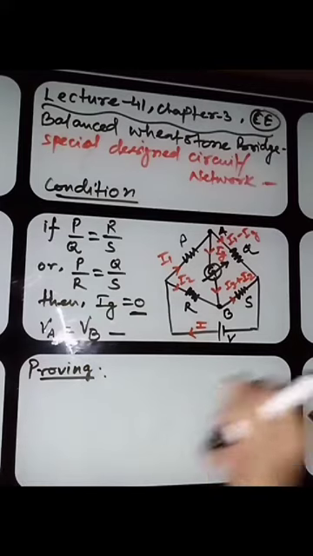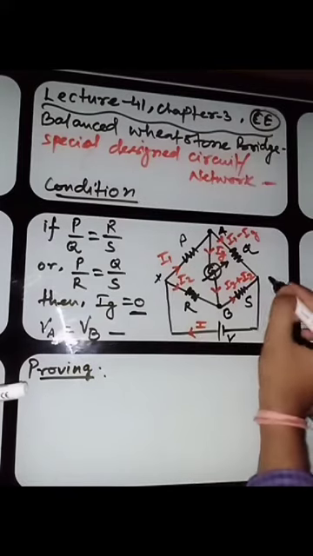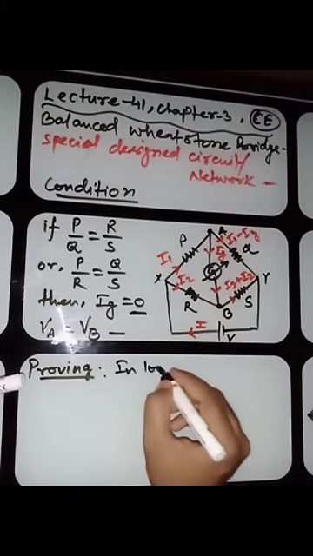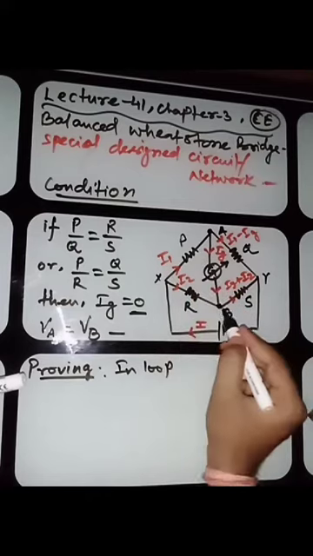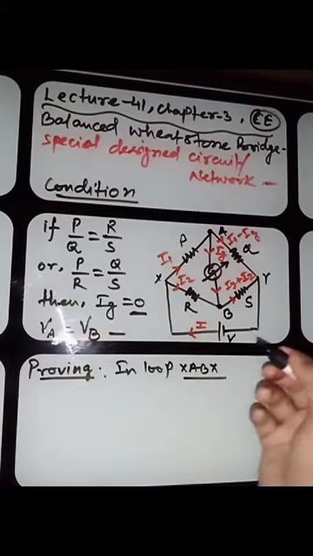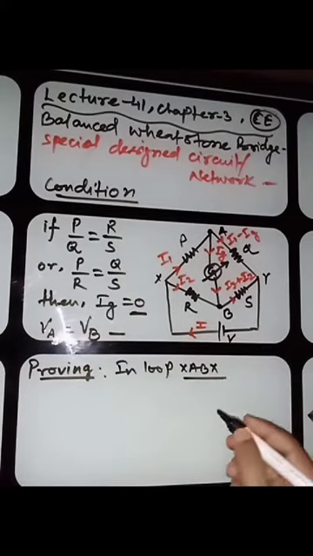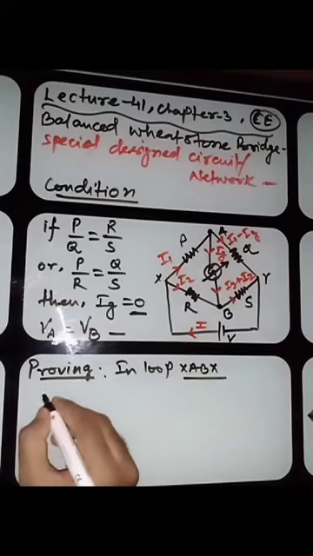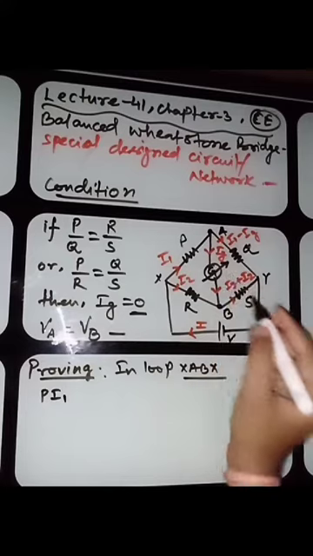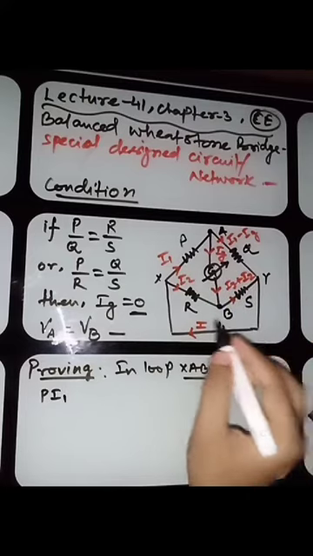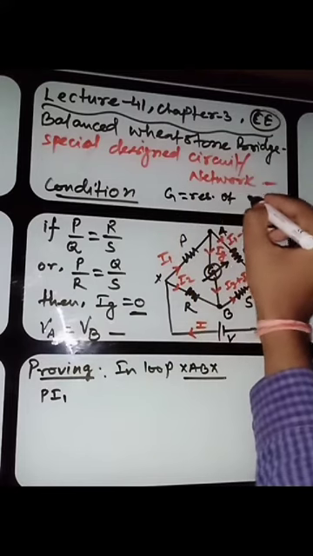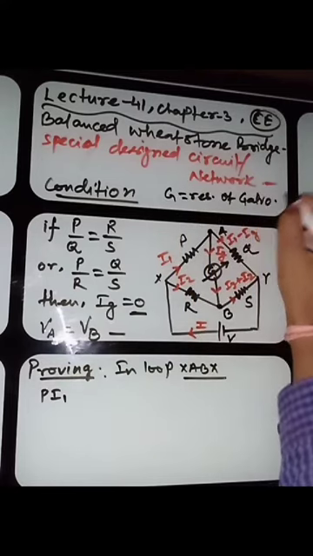Okay. Now write this terminal as X and Y. In loop XABX we will apply KVL. So you can write P times I1. Now in the direction of current we are going. The resistance of the galvanometer, suppose it is G. G is the resistance of the galvanometer.